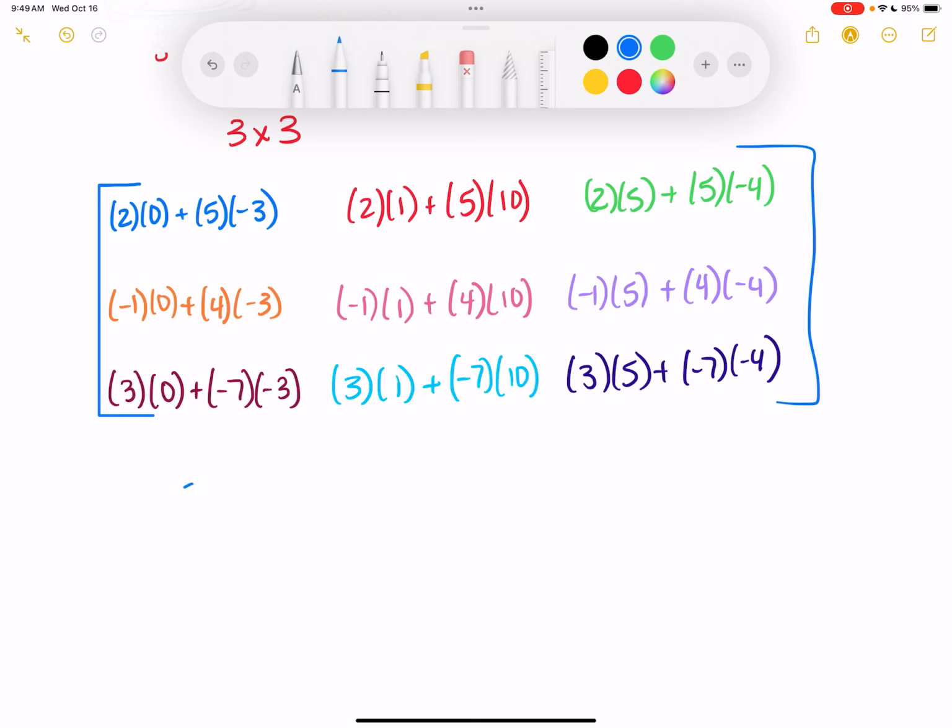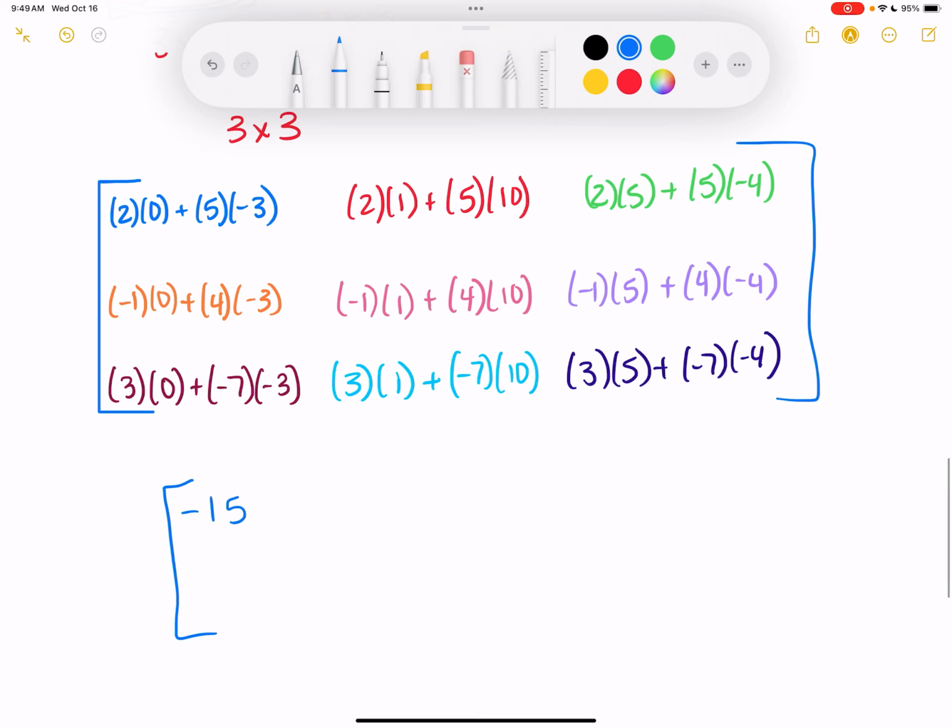All right, so then my result: 0 minus 15, negative 15. 2 plus 50 is 52. 10 minus 20, negative 10. 0 minus 12, negative 12. Negative 1 plus 40, 39.